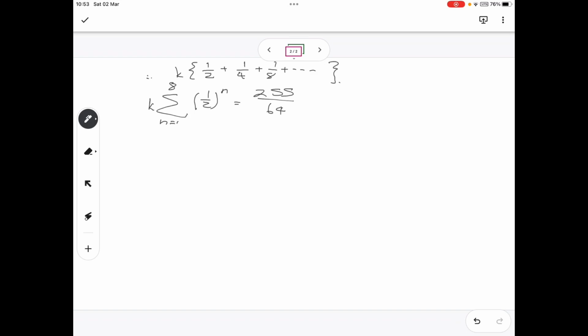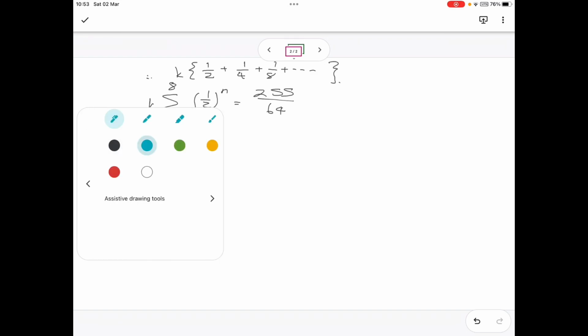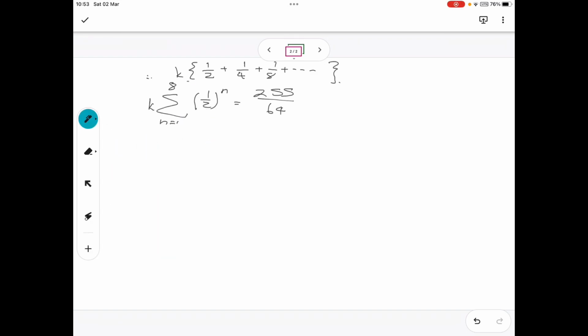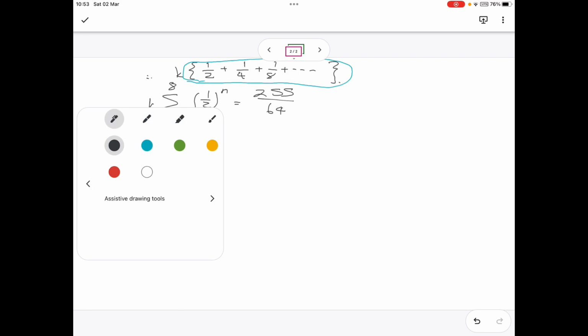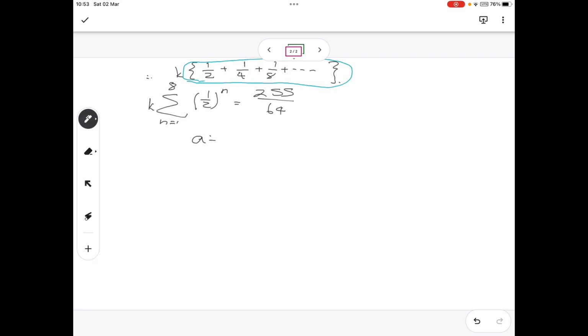And we know that from this series here in blue, we can work out the following. Our first term, we know it's a, it's a half. Our constant ratio should be T2 divided by T1, which is a quarter divided by a half.